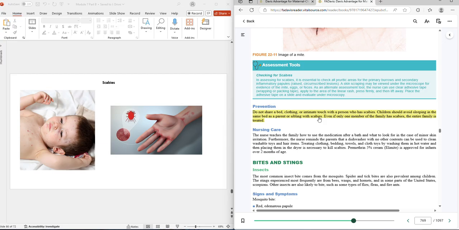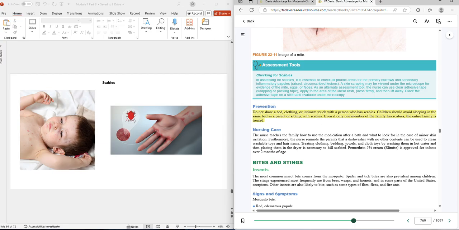Permethrin cream is used, and it is actually approved for infants over 2 months of age, okay? But we teach them not to share anything. If one person has it in the house, the entire family is treated, okay? It's very important that they are treated, because if they're not, they're just going to keep passing it on to each other, okay?